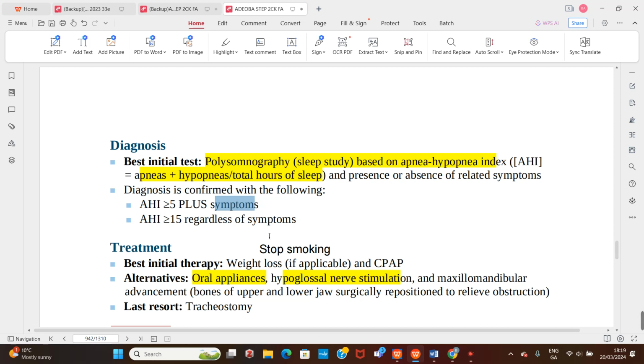But if we don't have any symptoms, but we notice that the person has an apnea-hypopnea index of more than 15, we can also say this person has obstructive sleep apnea and we can manage. So we do all those measurements of the apnea and the hypopnea in the hospital.